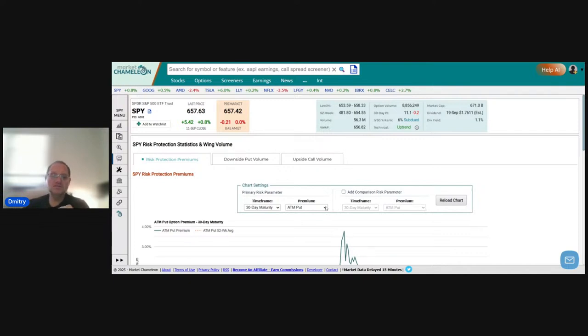So in this case, we have the following selections. We have 1% below the at the money, 2%, 5%, 10%, 20%. So for us in this example, we're looking for an out of the money put, and we have these choices here, and let's just say we select 5%.